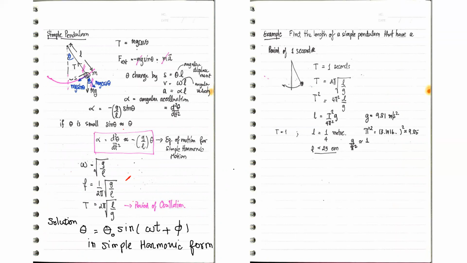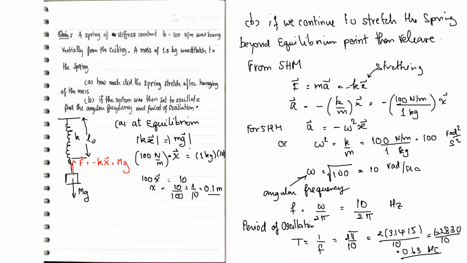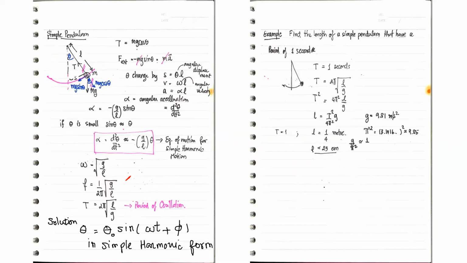So when you send this pendulum somewhere else that has a different gravity, you can detect the value of gravity of that planet compared to the Earth directly by measuring the time it takes to complete one revolution.